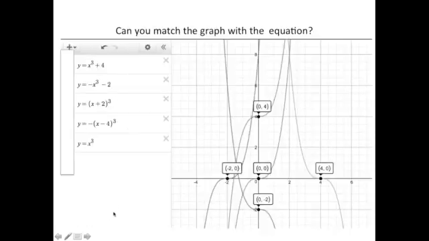So what I've got here is a mixture of all of these different types of translations. And my hope is that you would be able to examine the important key features of each of these graphs and be able to pair it up with the matching graph's equation.